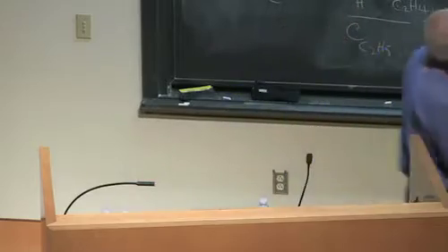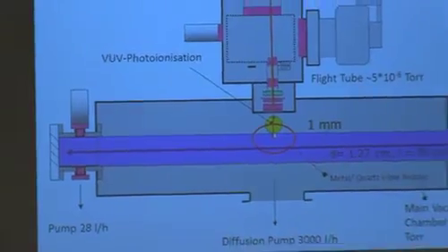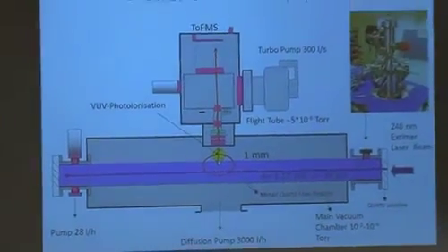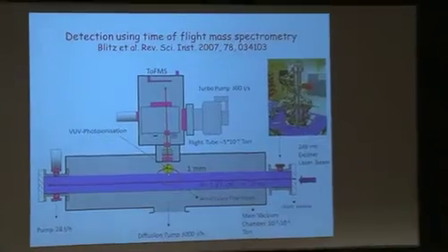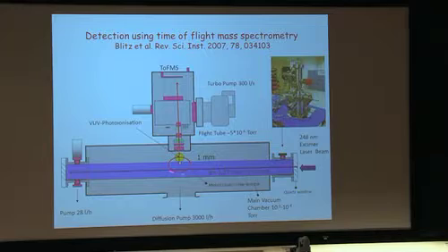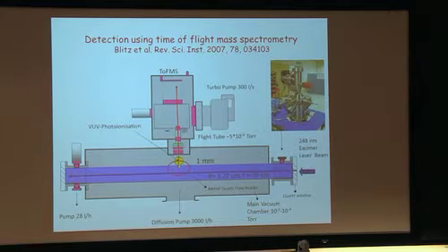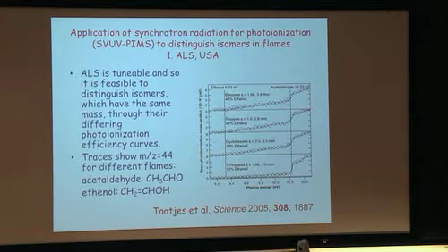So let's have a look at some other techniques. This is a technique using mass spectrometry, replacing the laser-induced fluorescence technique by a mass spectrometric technique. I won't go into detail, but it's basically using photoionization, using a VUV laser to photoionize the molecules in the reaction cell, extract them into a time of flight spectrometer, and measure their relative concentration using mass spectrometry.